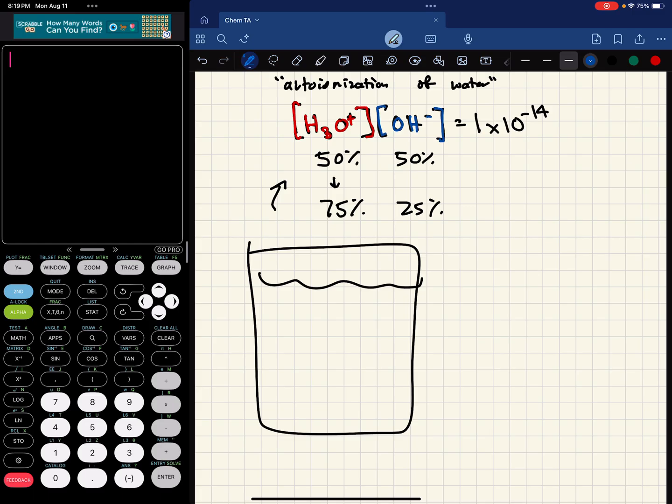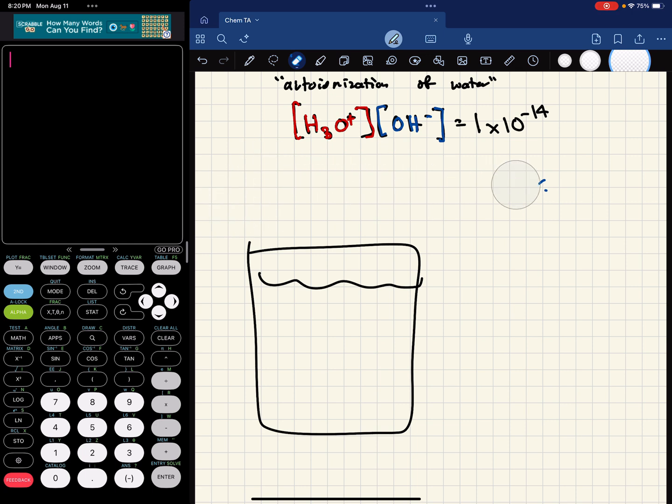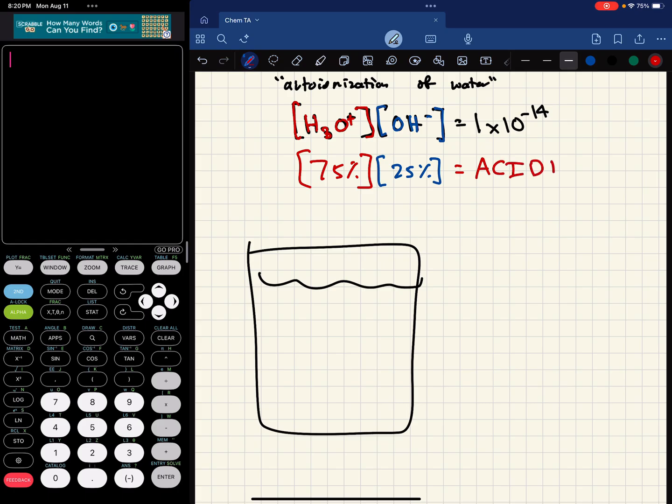Okay, if there's more OH minus concentration, if there's 75% of this and 25% of this, it's going to be basic. I can draw this better. Okay, so 25%, 75% equals acidic. And there's numerical ways to see this, but I'm just hoping you understand the concept.